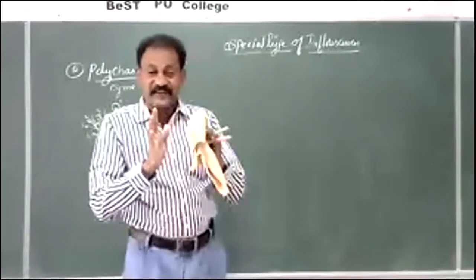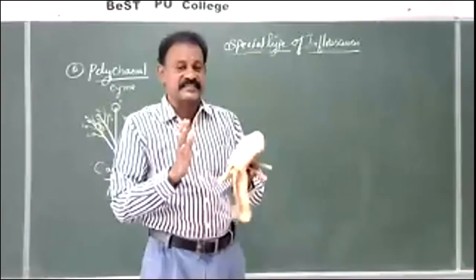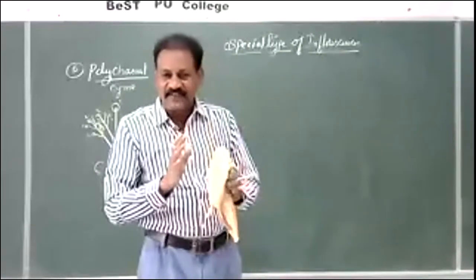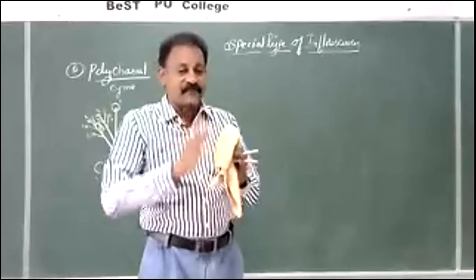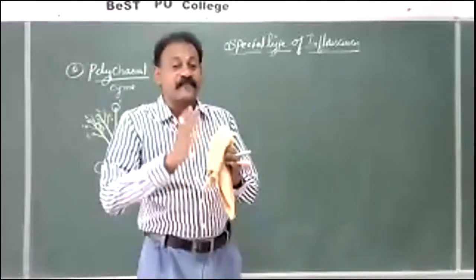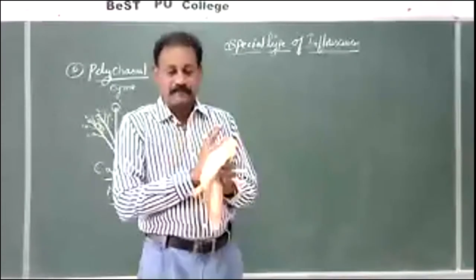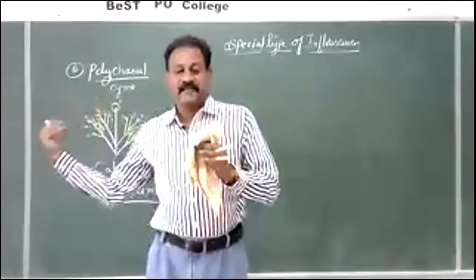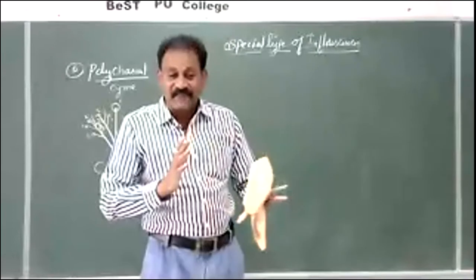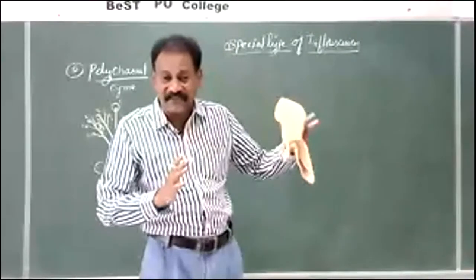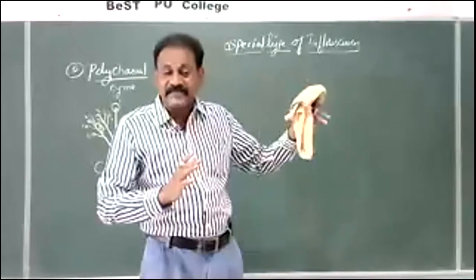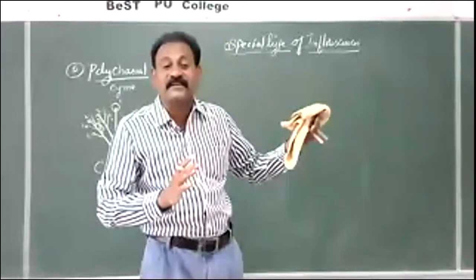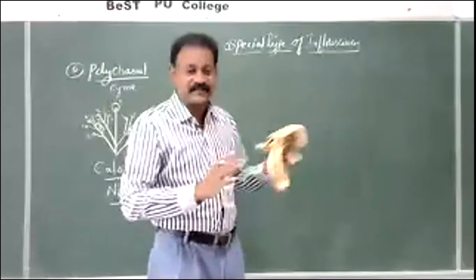Due to some modification means changes. Due to some modifications in the inflorescence, the arrangement of flowers and opening of flowers is special. It is different than the normal. So, the inflorescence where some modification occurs, which results in changes in the arrangement of flowers and opening of the flowers.